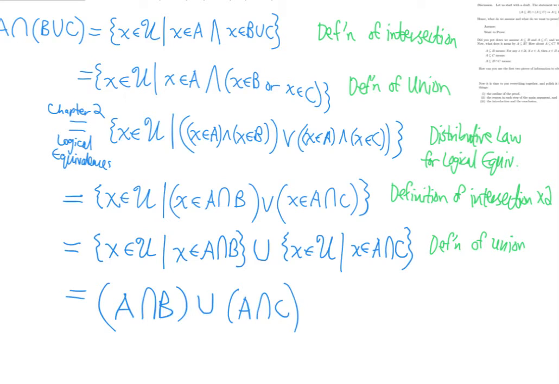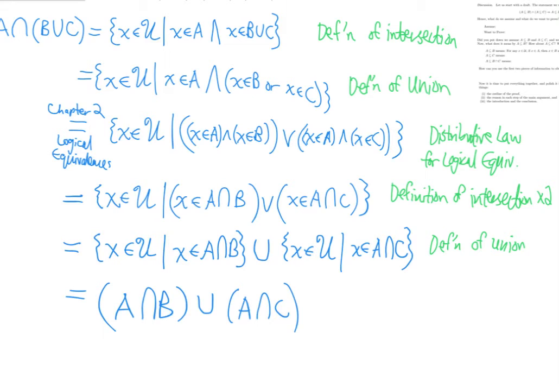And finally, what we can say about the last step is that the second to last step is a way of expressing the set A intersect B. So how would we write that? What reason would we put?